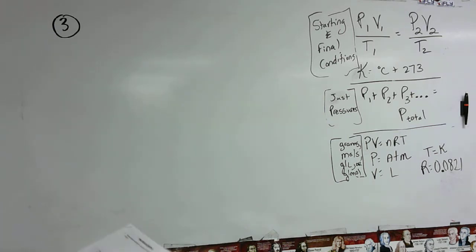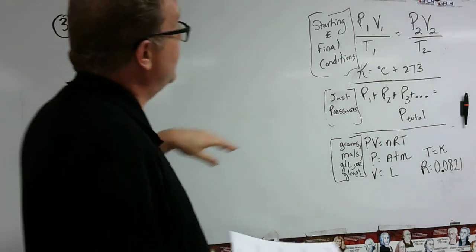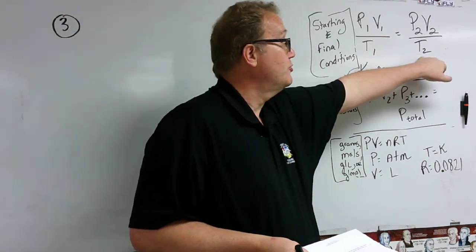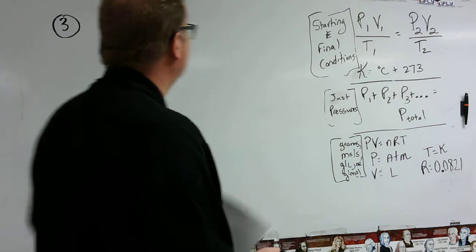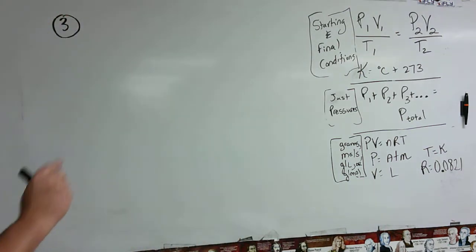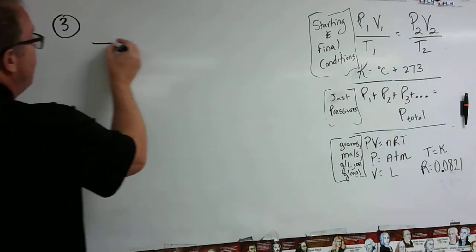Now if you take a look at that one, you're going to notice you have a volume and you have 2 temperatures. Well, I have a volume, 2 temperatures, I see 2 temperatures, that is my formula. Let's go ahead and set it up.